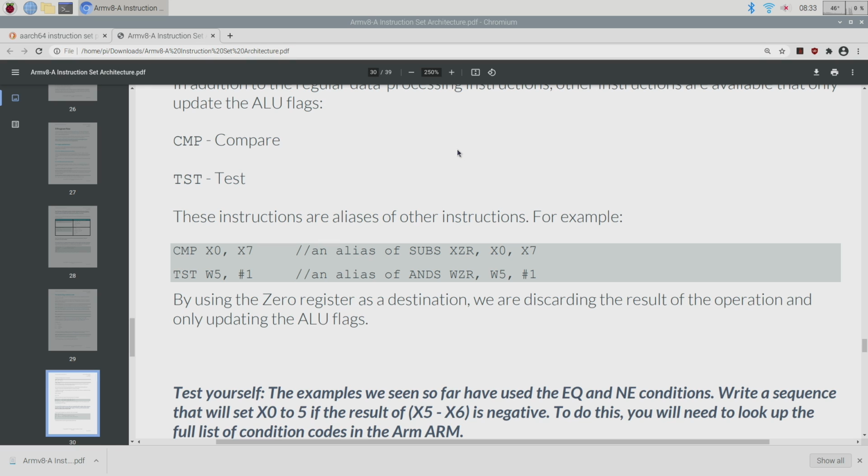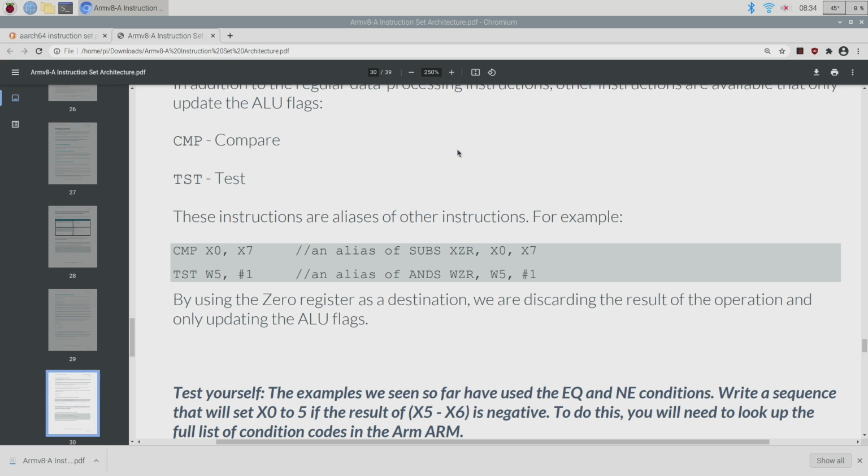Okay, the difference between the comparison and the test instruction, well, there's several. The comparison instruction operates with two registers, right? You're comparing one thing to another. Makes sense. The test instruction operates on a single register, okay? And also on a single bit, okay?